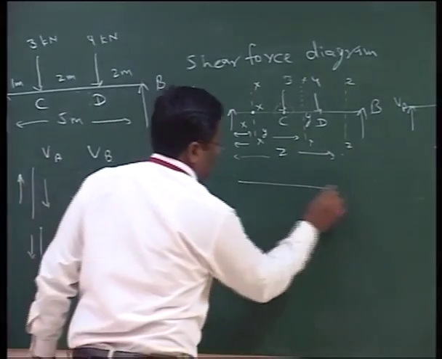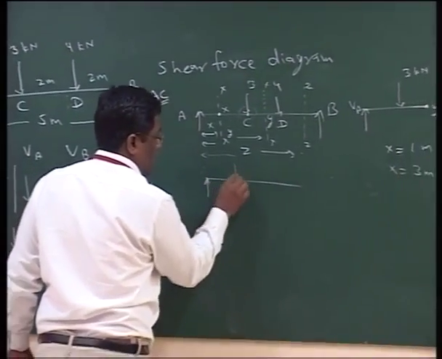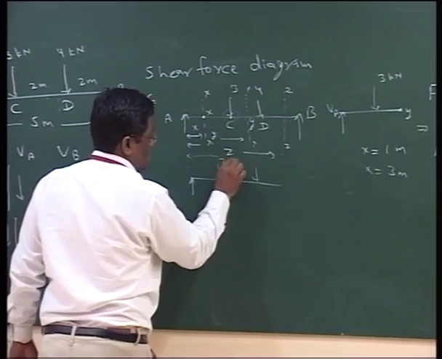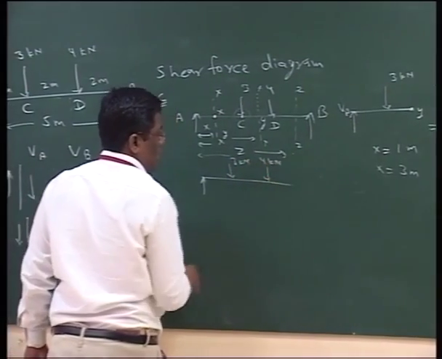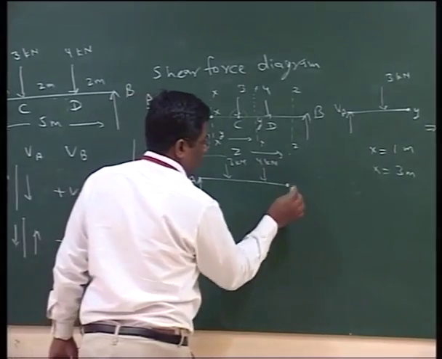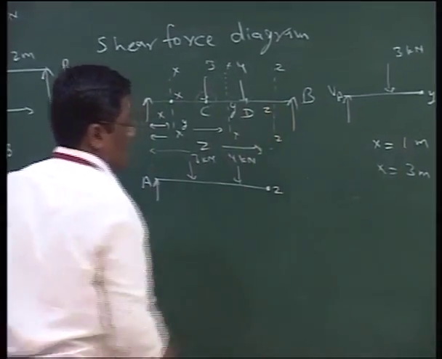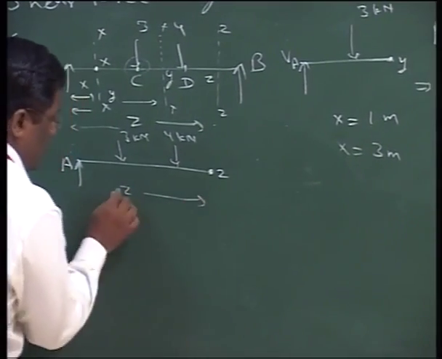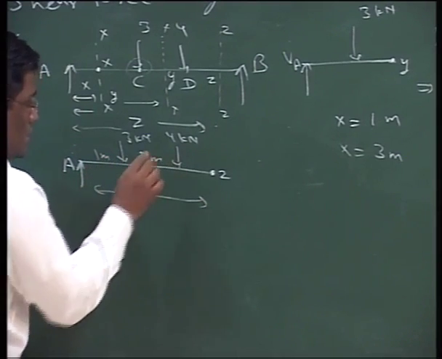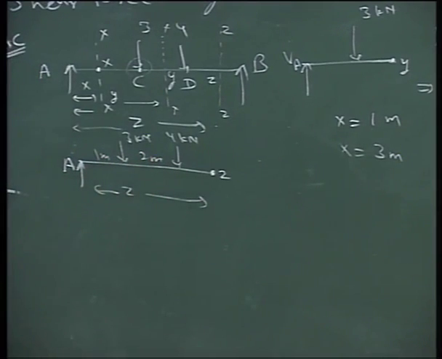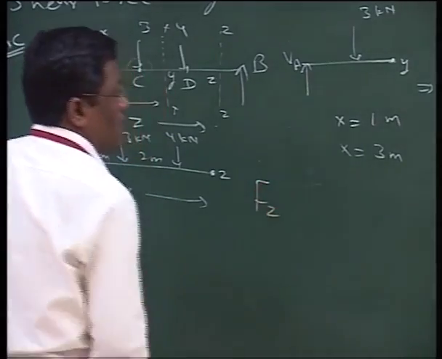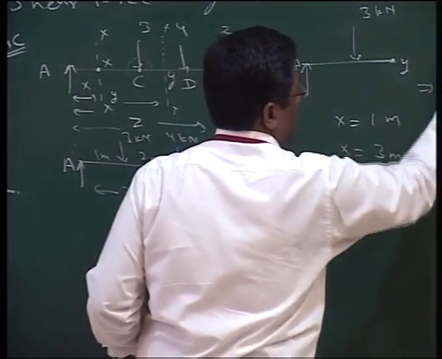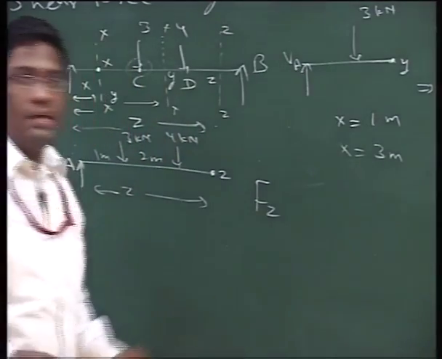Now if we draw this particular section again, both forces 3 kilonewton and 4 kilonewton come into action, and this particular point is our Z. Now we can quite easily say that there are three forces acting on the left side of point Z: VA, 3 and 4. So if I talk about FZ, earlier it was FY, now it is FZ.